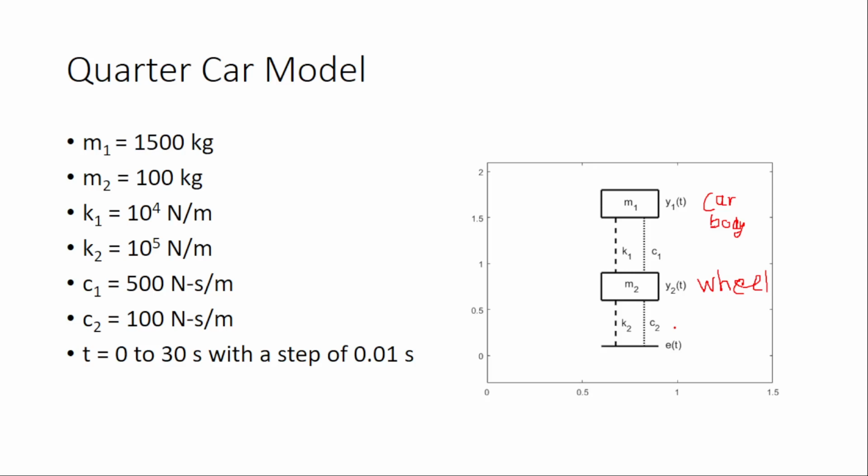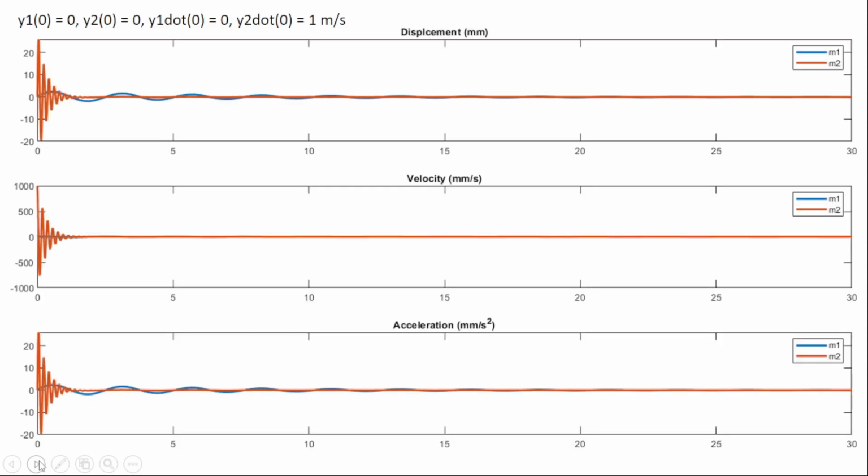The stiffness of the suspension should be about 10,000 newtons per meter, whereas the stiffness of the tire should be around 10 to the power 5 newtons per meter. The damping values have been selected arbitrarily, but they are expected to be around that. So we will see how the response of this system looks like.